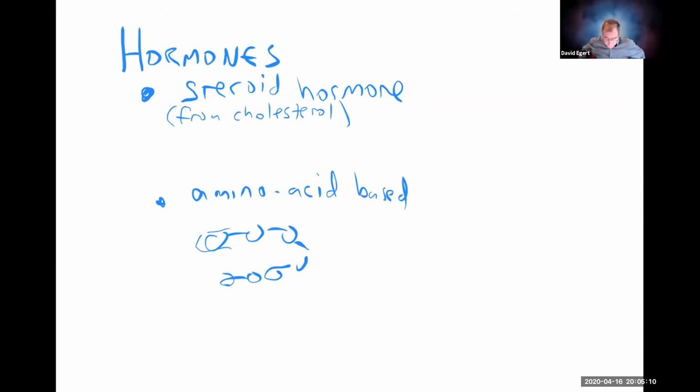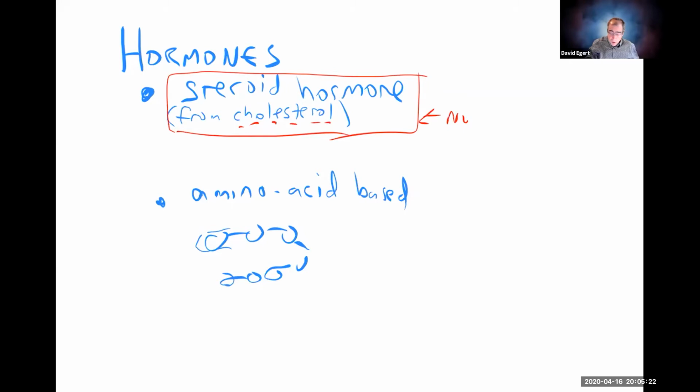But the big difference here is steroid hormones. These are lipids. These are derived from cholesterol, which is related to fat. So these are not soluble in water, or maybe I should say fat soluble, or lipophilic. They like fats, but they don't dissolve in water.